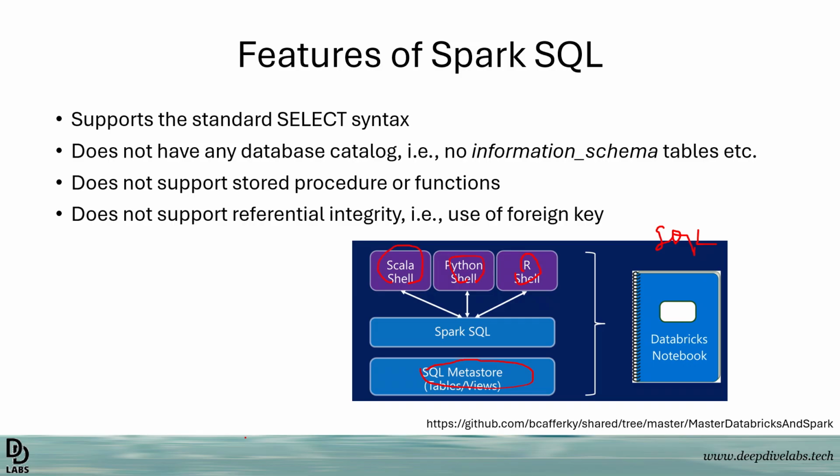Because you are directly reading from the file and querying the file, it does not support any referential integrity, right? So you have to load each of your files independently into a table, and then you can write joins. It's not that you cannot write joins, but it doesn't support referential integrity.